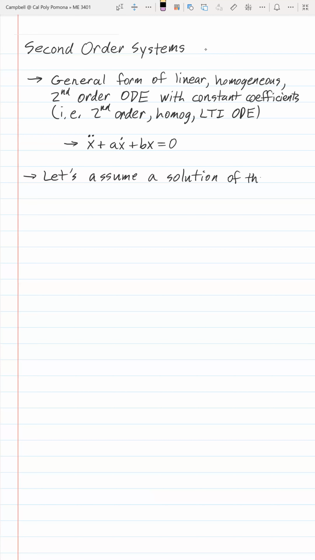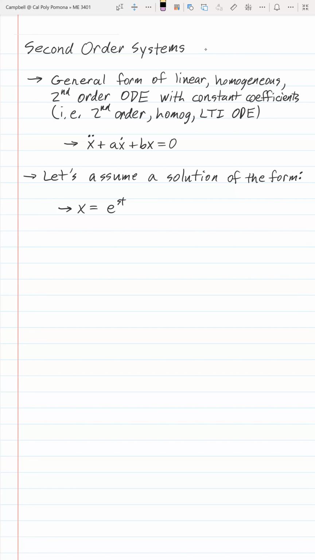And again, remember, the whole point of classifying differential equations is so that we can apply a particular solution framework. So for this second order LTI ODE, we're going to assume that we have a solution, and let's go ahead and borrow from our first order LTI differential equations and say that the solution has the form e to the st.